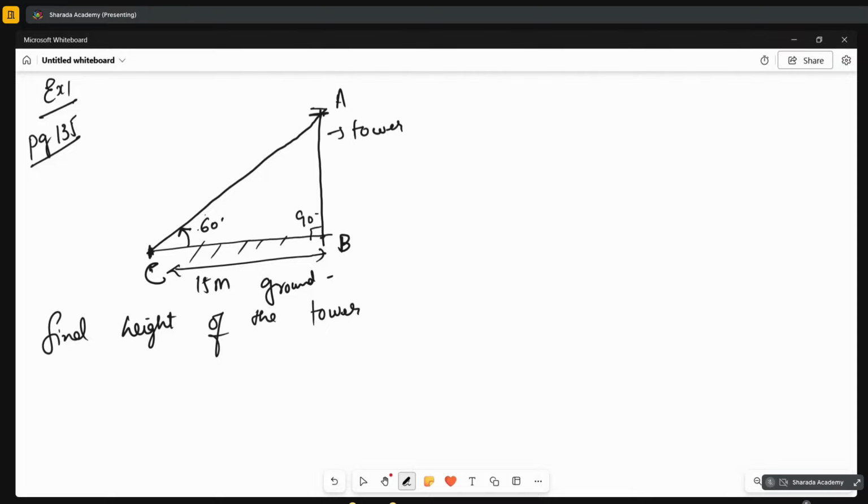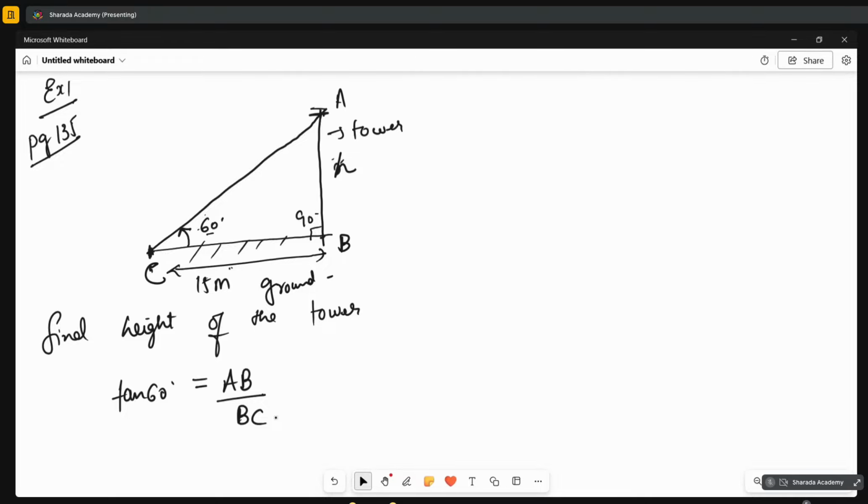Now, see, this is the opposite side and this is the adjacent side. The opposite side I want to find, I will call it H. The adjacent side I know, so which ratio can I take? Tan, opposite by adjacent. So, tan 60 degrees equals the opposite side, AB, by the adjacent side, BC.